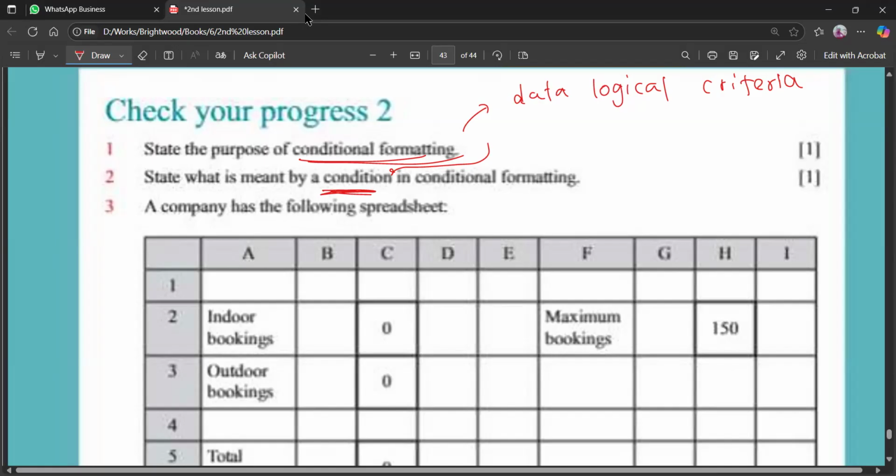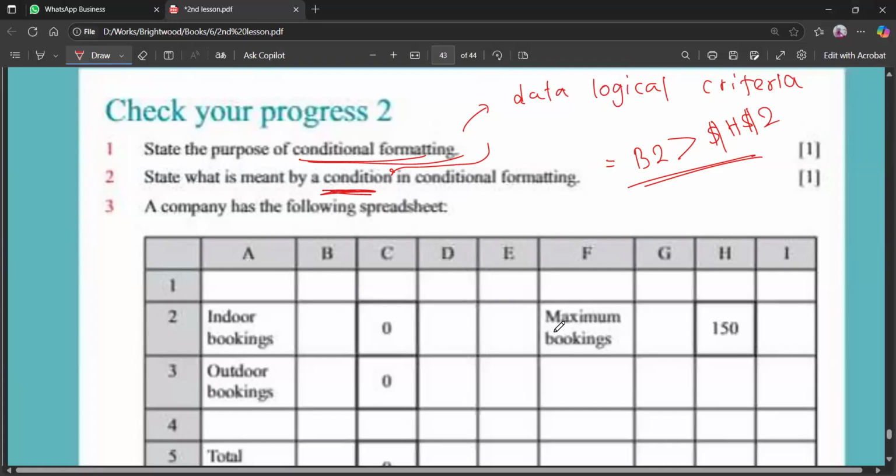For a conditional format, for example, if the B2 value is greater than or equal to the H2 value, like that, there are conditions being followed.